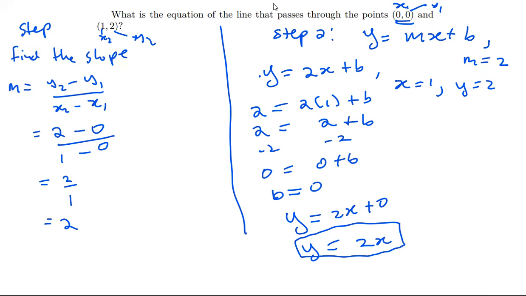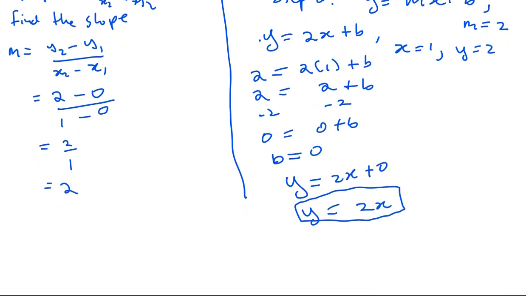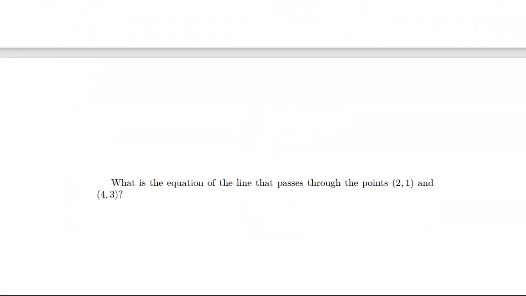Okay, cool. So these first two are a bit easy. We shall move on to more challenging ones. I expect this one to be slightly more challenging, but it's the same process. So step 1 is we'll just find the slope first, okay?